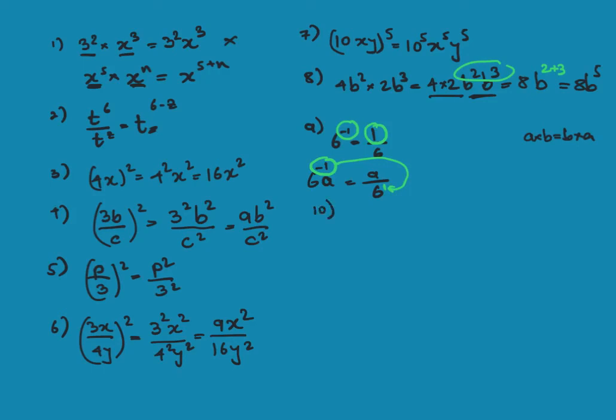Then question 10: 5 over 3 to the power of negative 1 is, we can just flip it, 3 over 5, but remember to change the power, just 3 over 5. I'm trying to think of any other questions.